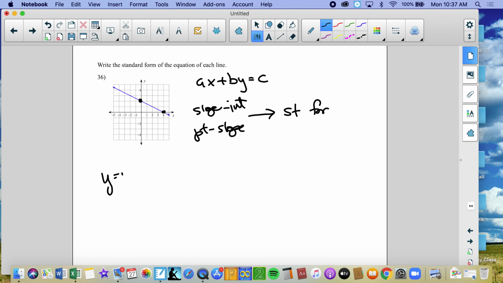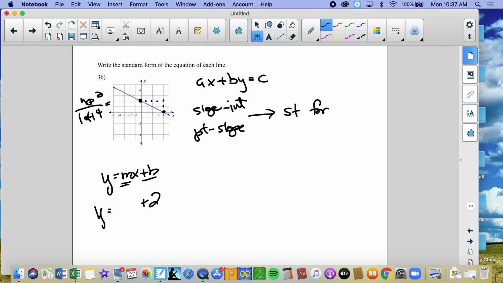So I'm going to make it into slope-intercept form, plugging in for the slope and the y-intercept. So I already see that the y-intercept is 2, and my slope is up 2, left 1, 2, 3, 4. So up 2, left 4, rise over run.